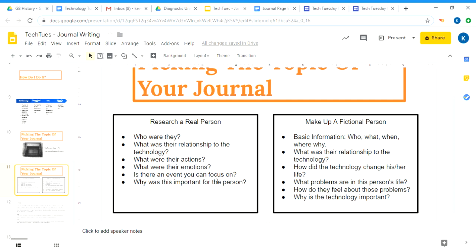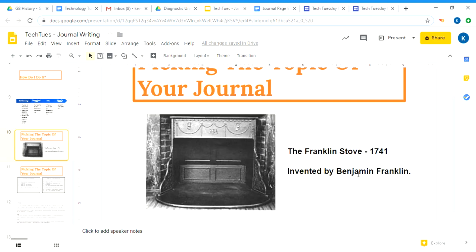Another option, though, is I could create a fictional person from colonial America, say the name is Kevin North, and we can take that person and imagine they are using the technology. So I could do Benjamin Franklin, or I could do, say, a colonial family, the son named Kevin North, and he lives in a home that is going to get their first stove.